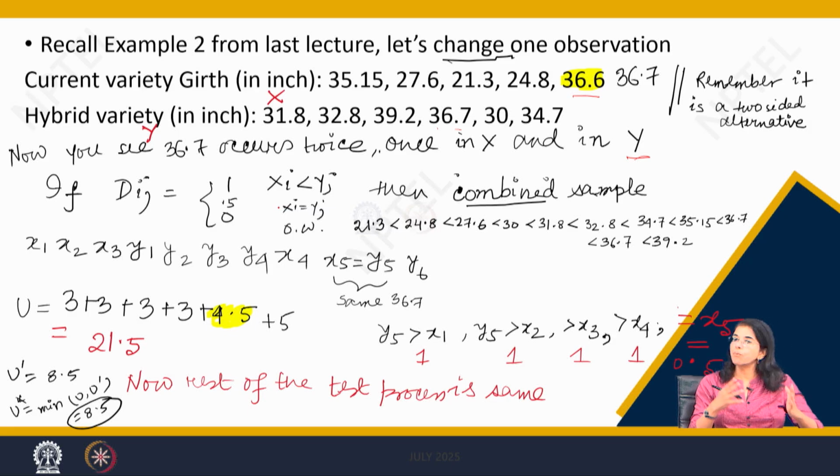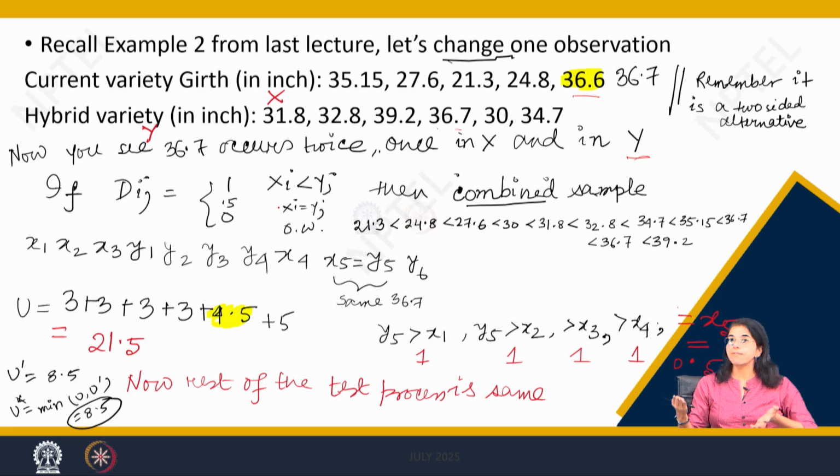You can assign Dij 1 for Xi less than Yj, or you can assign Dij 1 for Xi greater than Yj. I already told you in our earlier discussion that as per your definition of Dij, U will be defined. U means the Mann-Whitney U-test statistic will be defined.